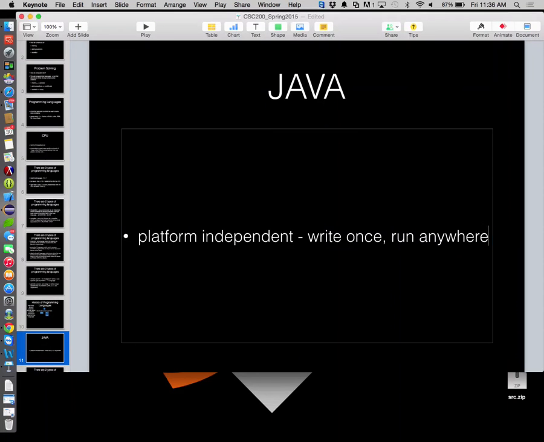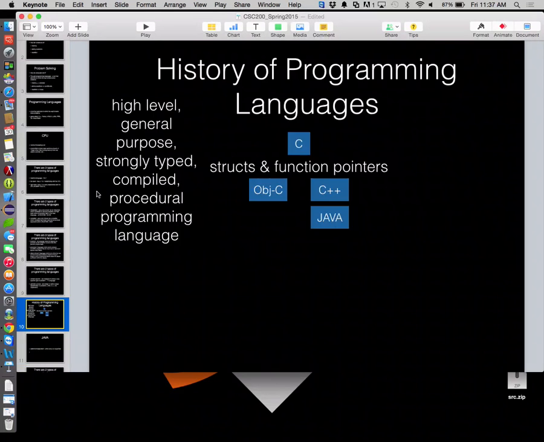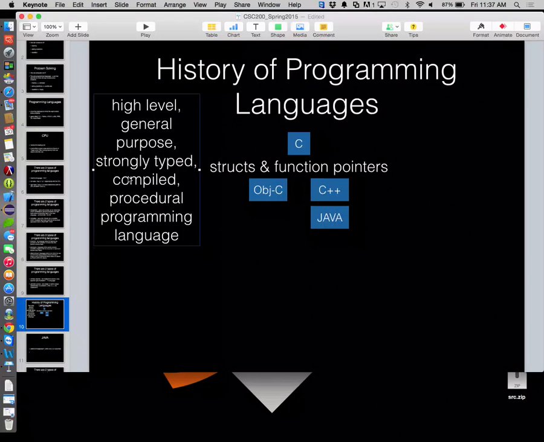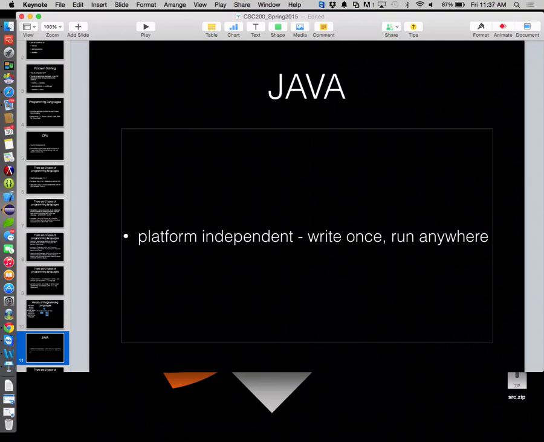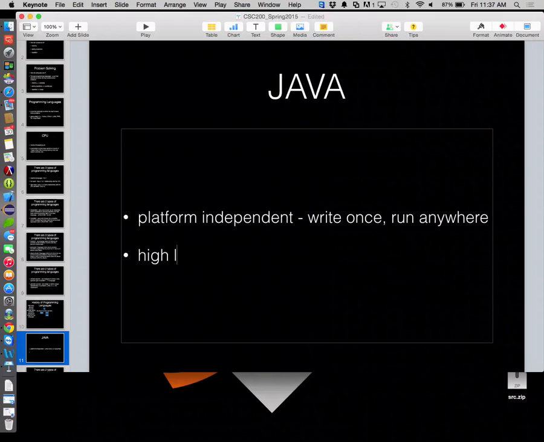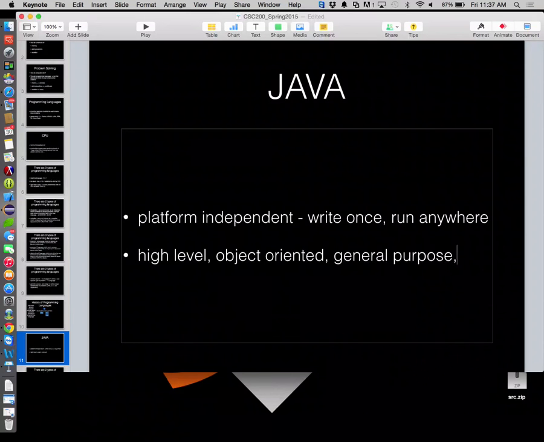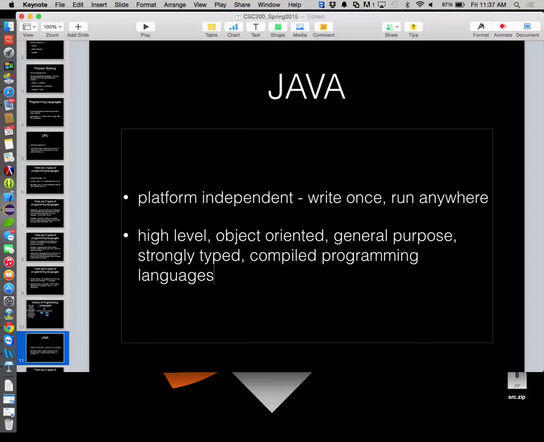Let me just throw another little thing in there. Java, if we were to give it the similar treatment that we gave C here. Java is a high-level, object-oriented, general-purpose, strongly typed, compiled language.